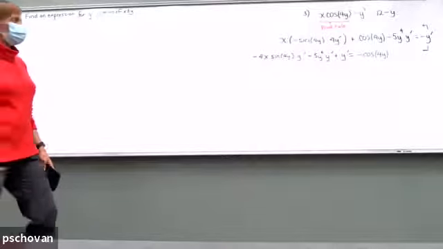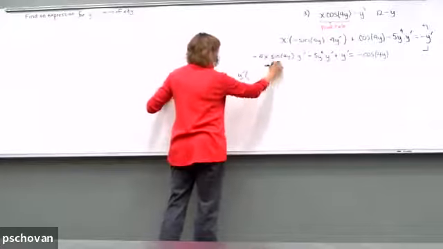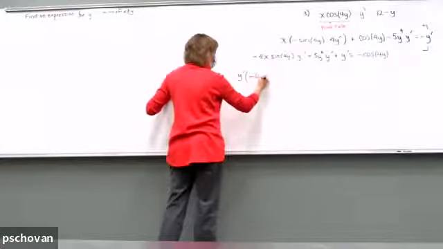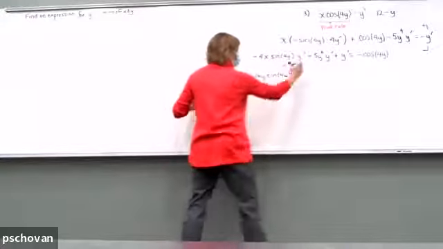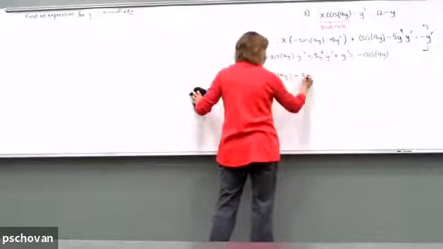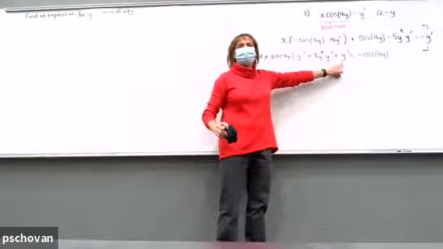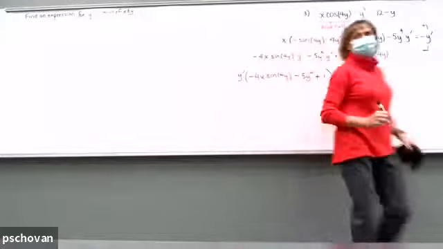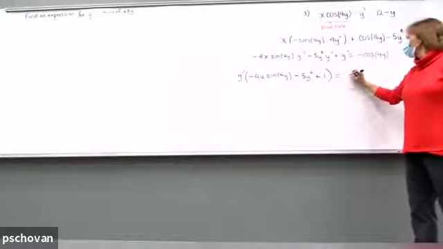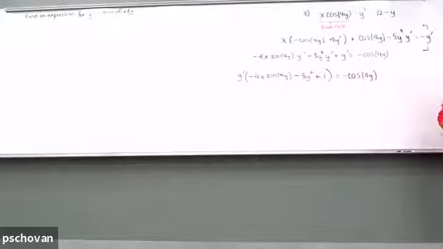Now I'm going to take the y prime out, put it way in the front. So in here I'll have a minus 4x sine of 4y. The middle term will be a minus 5y to the 4th. Now what do I have back here when I pull that y prime out? Just a 1, right? So plus 1. And then the last step is to divide by that ugly mess in the parentheses there.